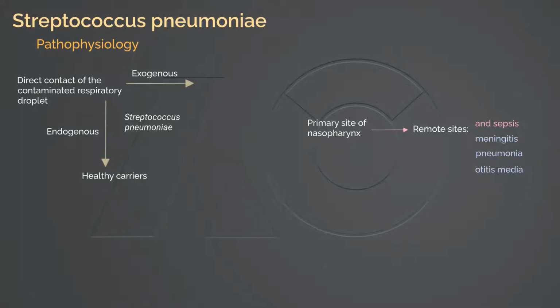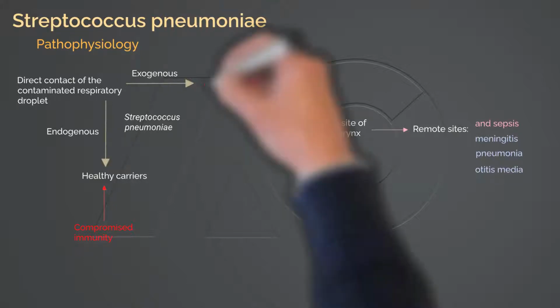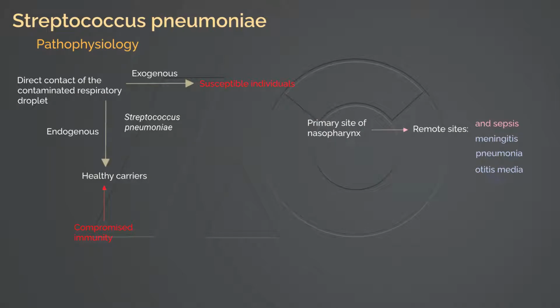Endogenous infection is triggered when the healthy carrier's immunity is compromised. The exogenous infection occurs when the susceptible individual contacts or inhales the contaminated respiratory droplet.